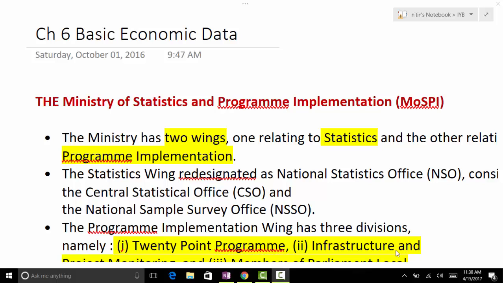So one thing is, you can keep on marking the important portions in your yearbook. Secondly, we can also provide you the handouts of whatever important things we are noting down. So we are trying to make the gist of the India Yearbook chapter by chapter.